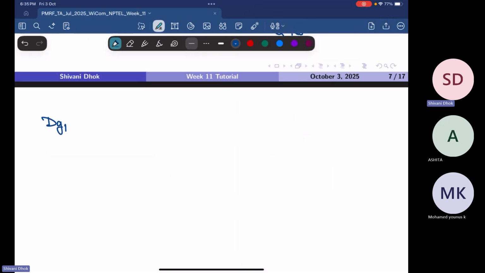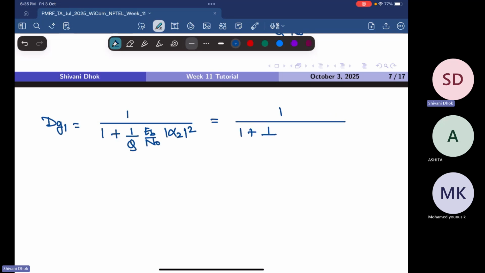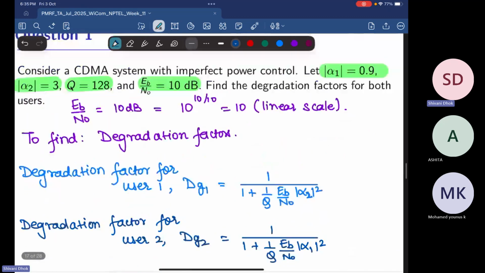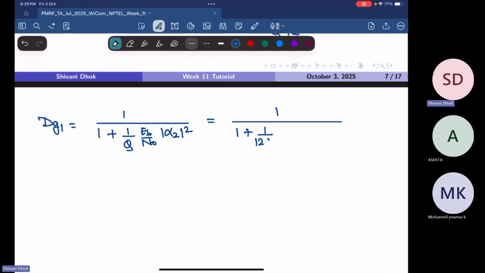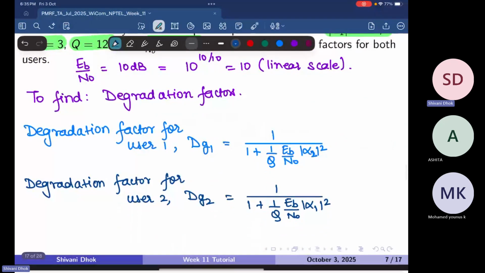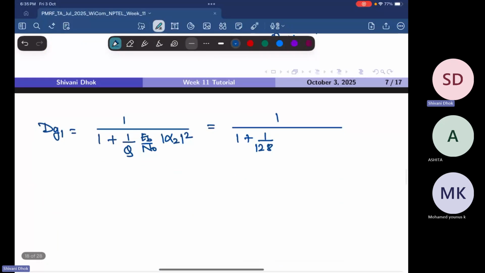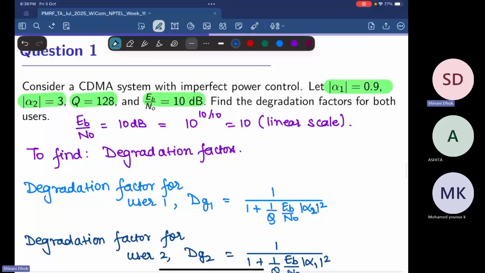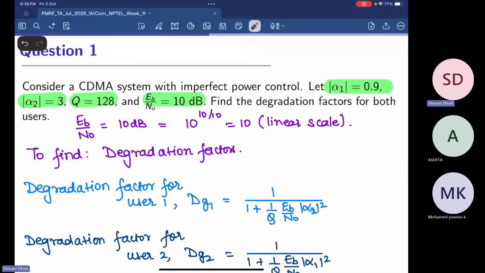So this Dg1 is given by 1 over, I'll just repeat the formula once, 1 plus 1 by Q into EB by N naught into magnitude of alpha 2 square, which is equal to 1 over 1 plus 1 by the Q value, 128, into EB by N naught, which was given to us as 10 dB, which is 10 in the linear scale, and magnitude of alpha 2, which is given as 3.